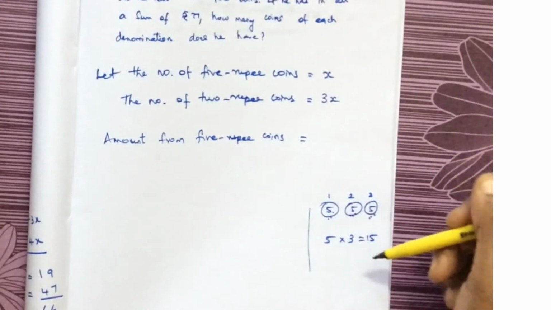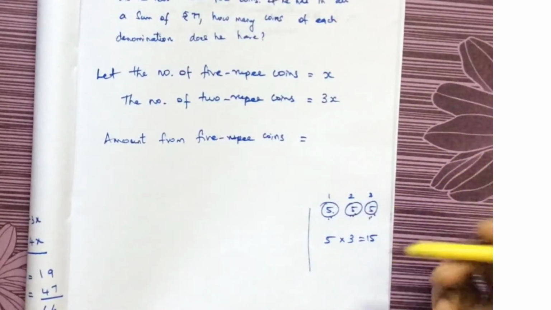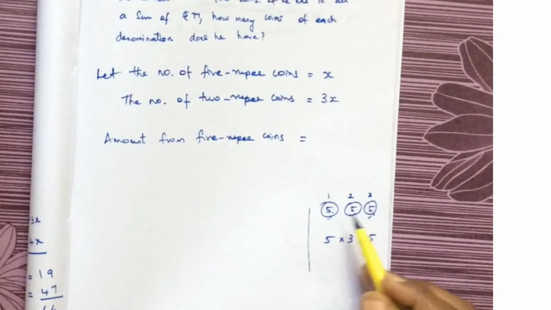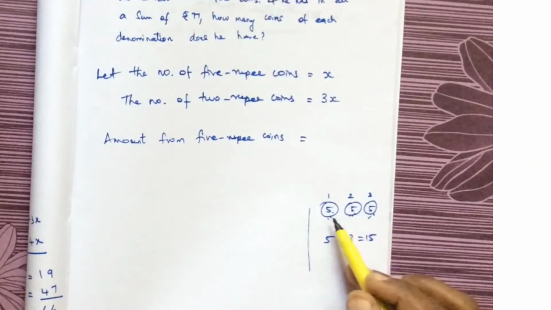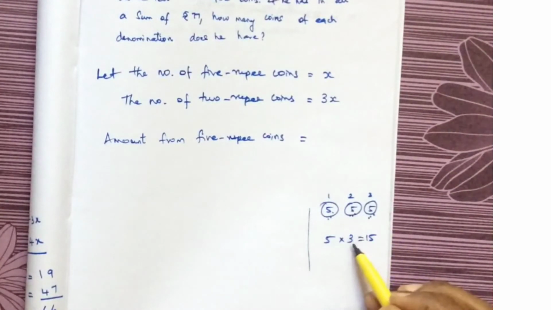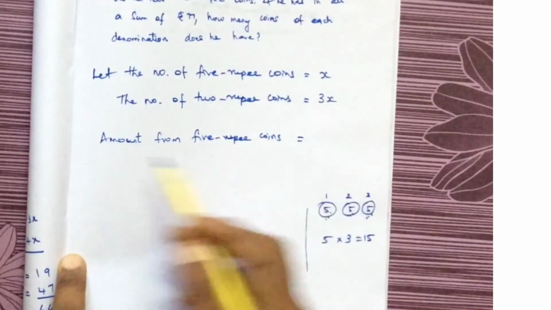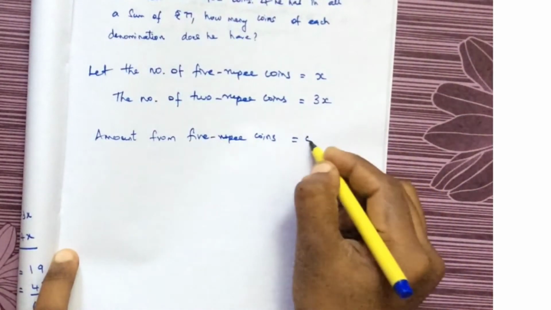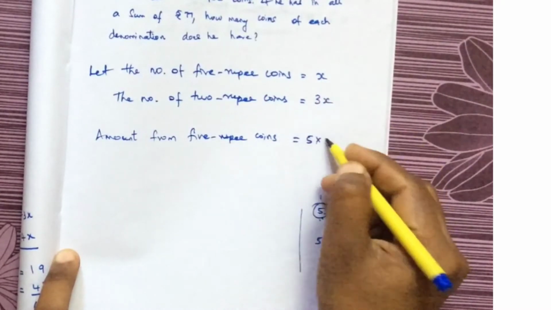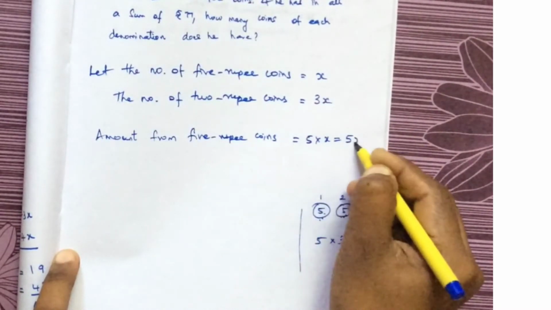Now I am saying what is the amount from this 5 rupee coin. If I am having 3 five rupee coins, I should multiply 5 by 3, which gives 15. Here I don't know, so the amount from the 5 rupee coin is 5 multiplied by x, that is equal to 5x.